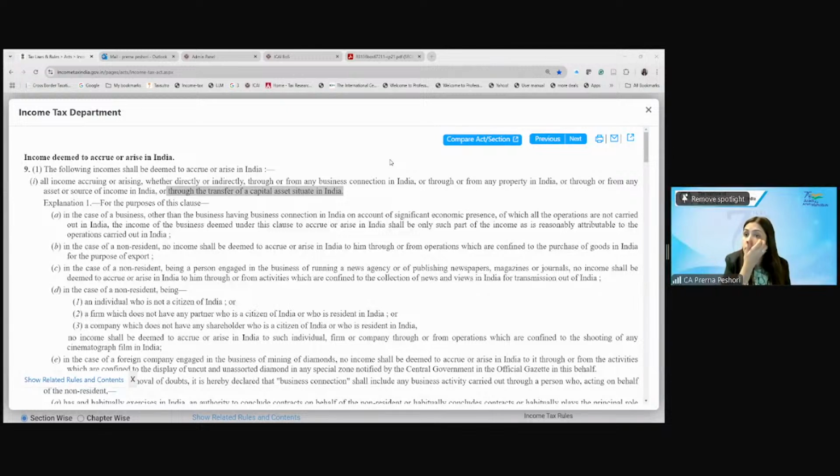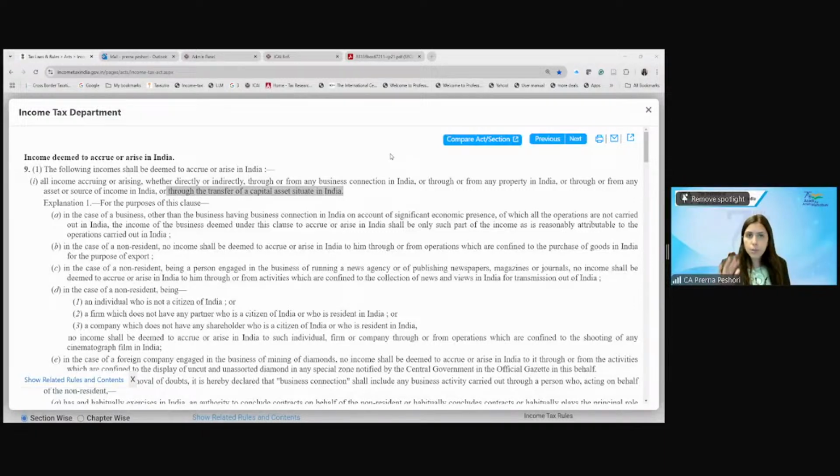So in effect, even though they have sold the shares of the Mauritius company, they have transferred the management rights of the Indian company. They have transferred the controlling interest in the Indian company. And capital asset means property of any kind, and property means the bundle of rights. Therefore, there is a transfer of a capital asset situated in India.